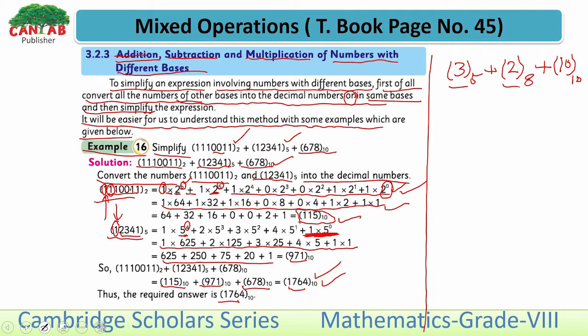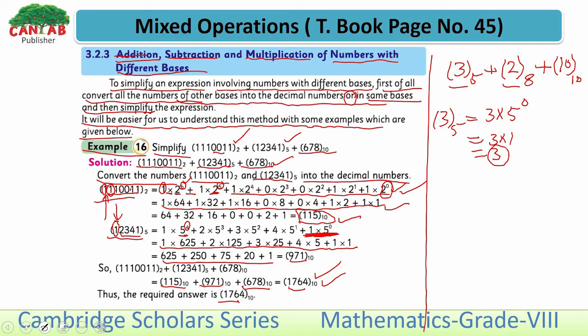First, we will convert these two numbers into the base 10 number system. How? 3 with base 5 is equal to 3 multiplied by 5 raised to the power 0. So we have 3 multiplied by 1, that is equal to 3. Now 2 with base 8, what do we have to do?